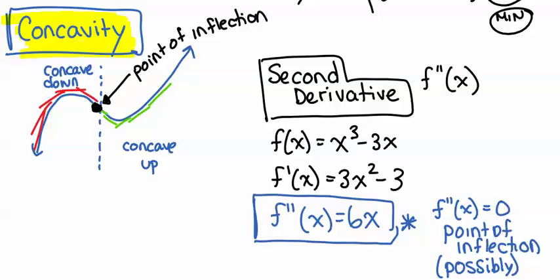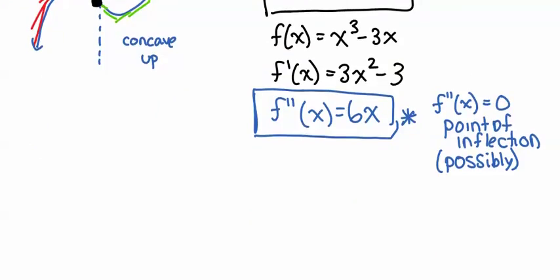Okay, so let's just sketch out what that looks like. Actually, let me tell you some info first. So if our first derivative is equal to 0, remember that will produce a max or a min.